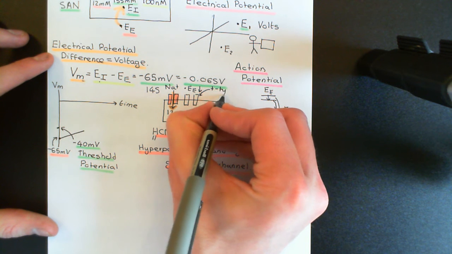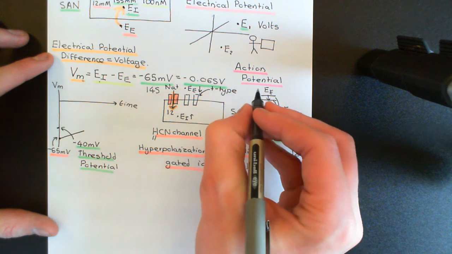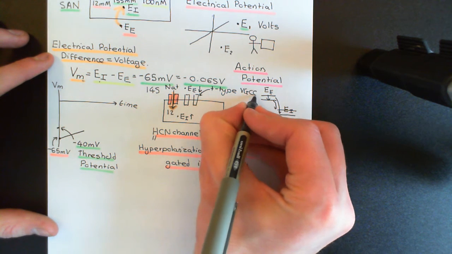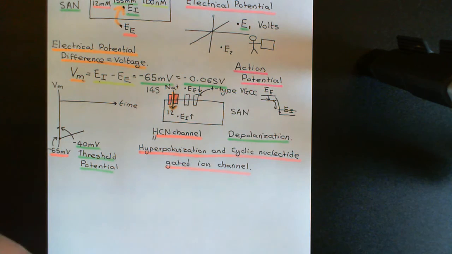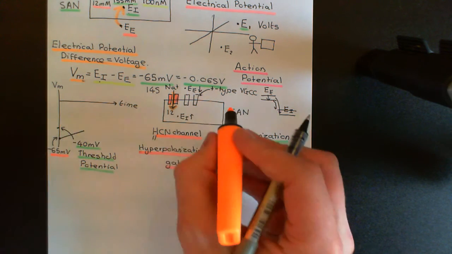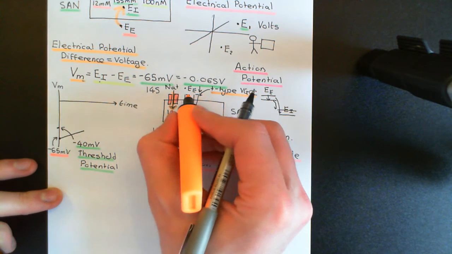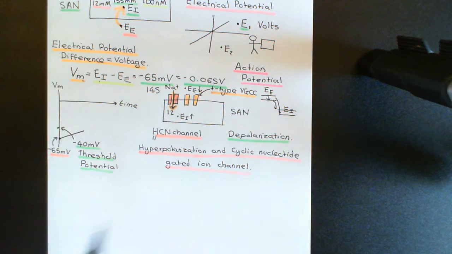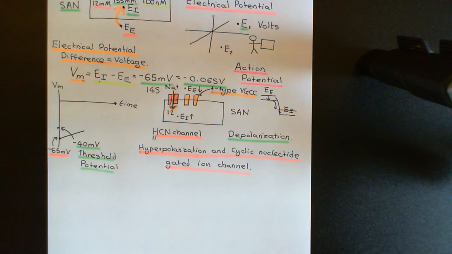However, in sinoatrial node cells, and as we'll see later, AV node cells as well, it is actually T-type voltage-gated calcium channels that are going to open instead of voltage-gated sodium channels. Okay, so these are very similar to voltage-gated sodium channels, except that they are permeable to calcium ions rather than sodium ions, but their properties in terms of how quickly they open and how quickly they close are very similar to voltage-gated sodium channels.